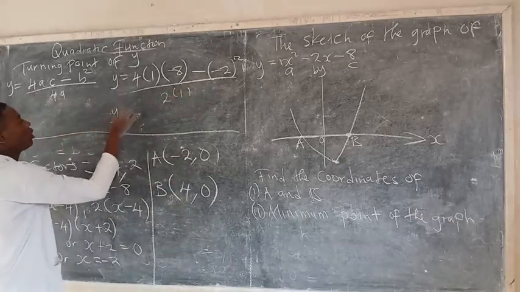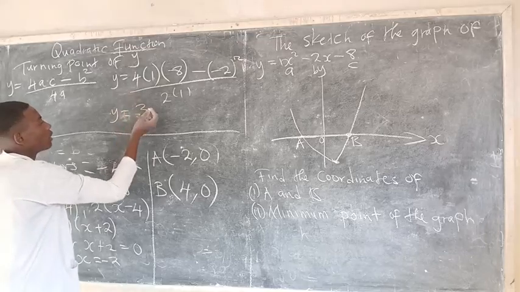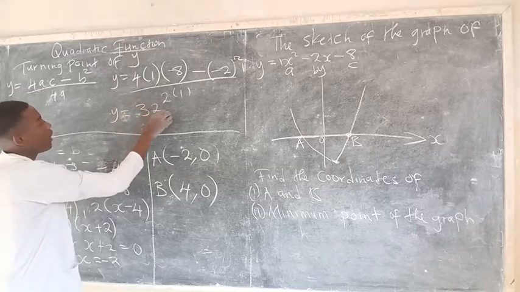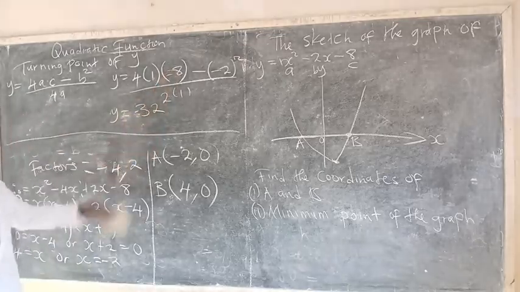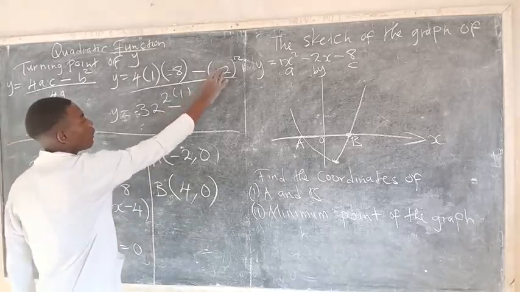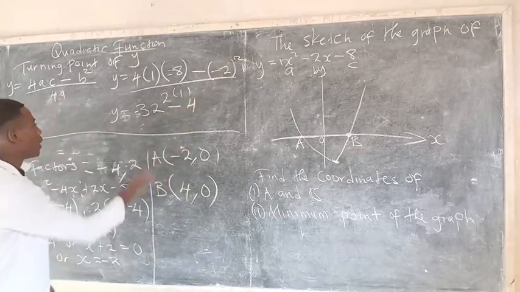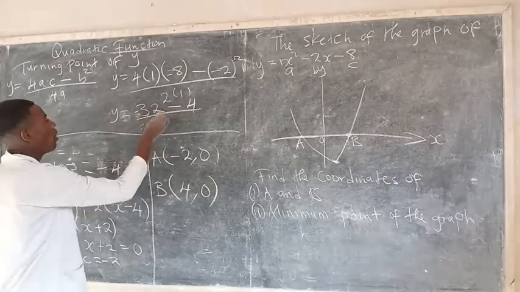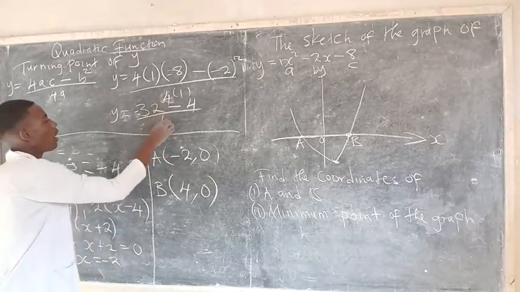So y should be equal to 4 times 1 times 8 gives us 32. So 8 is negative, so therefore it should be negative 32. Then minus, we have negative 2 squared, which gives us 4. Then over 4.